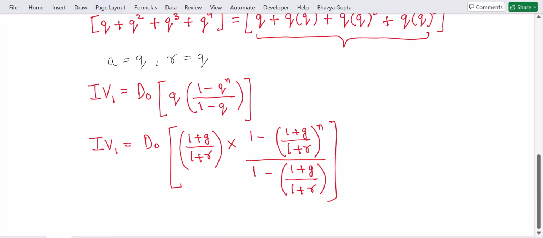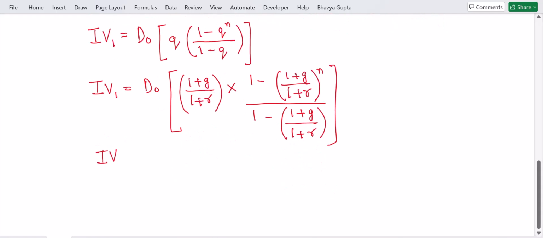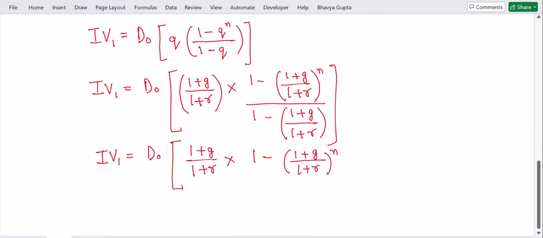So this is the equation. Now let's further reduce it. So we can write IV1 equals D0 into (1 plus g upon 1 plus r) into (1 minus (1 plus g upon 1 plus r) raised to power n) upon (1 plus r minus 1 minus g upon 1 plus r).